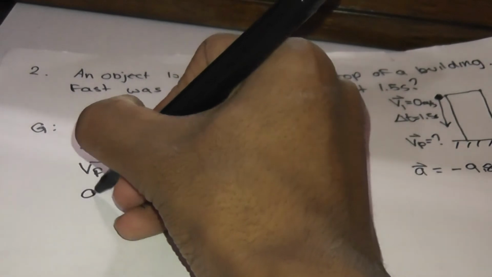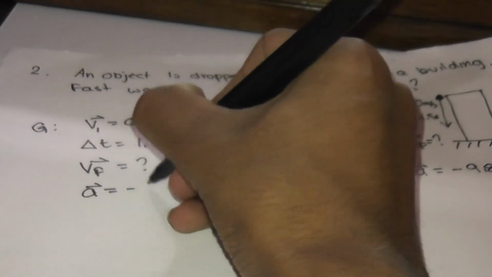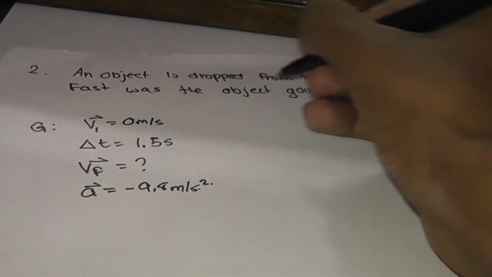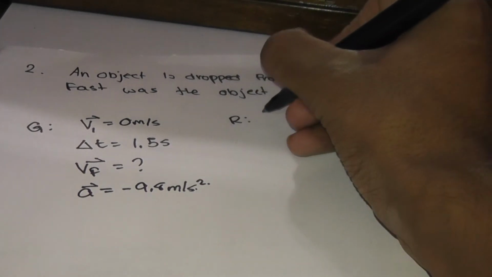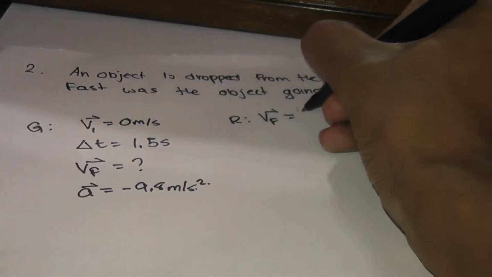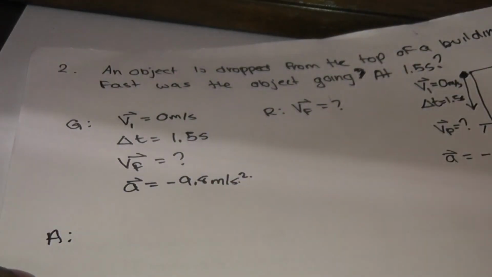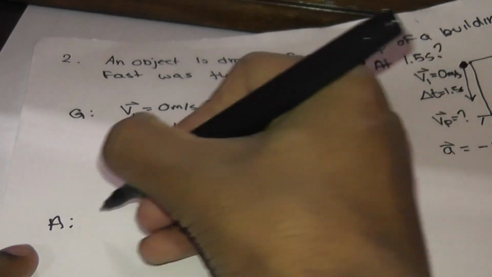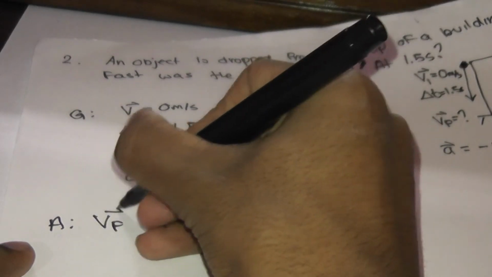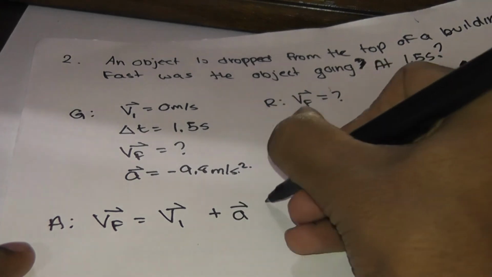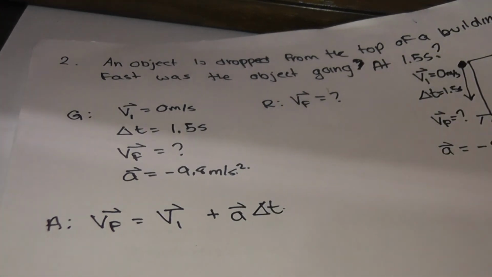And our acceleration is equal to negative 9.8 meters per second squared. What's required, as I said, is our final velocity. And the formula that we're going to be using is Vf equals Vi plus acceleration times delta t.